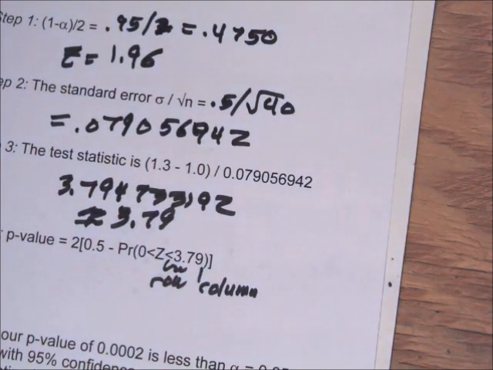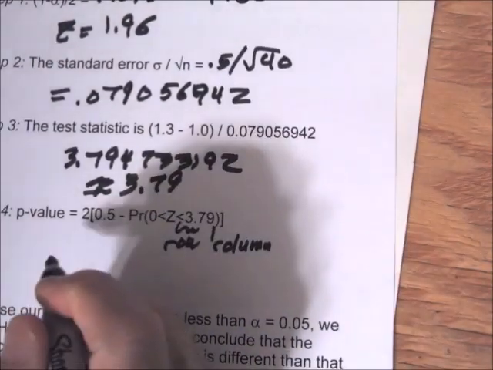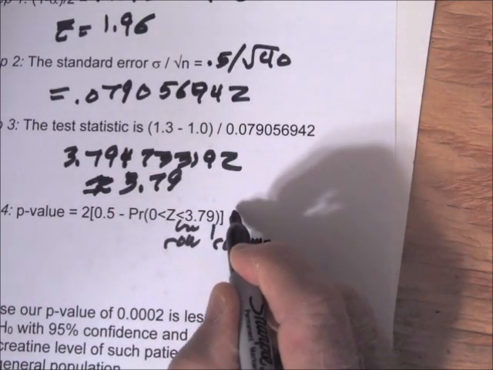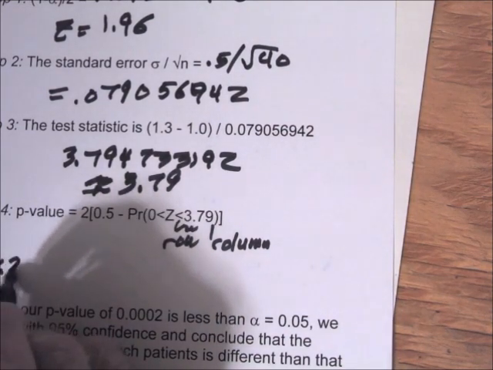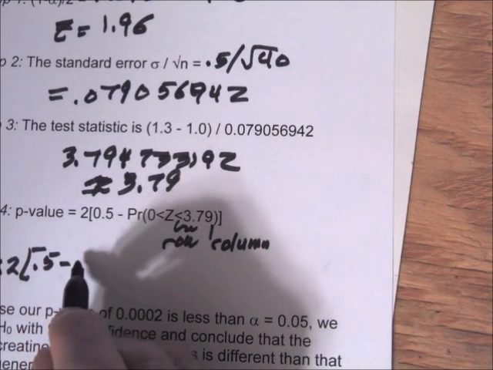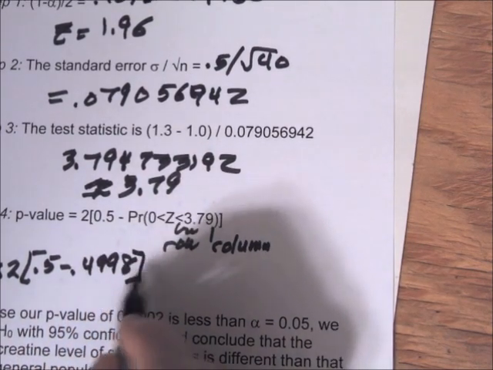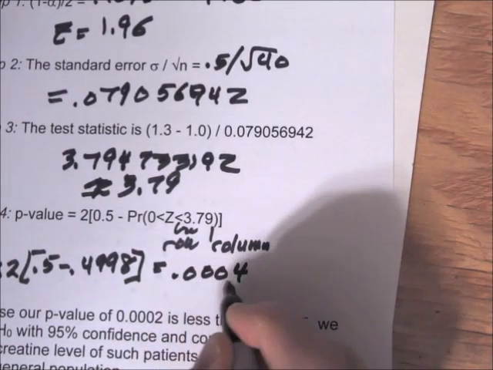So that means when we plug into this formula, it's going to be less than 2 times 0.5 minus 0.4998. And so it's going to be less than 0.0004.